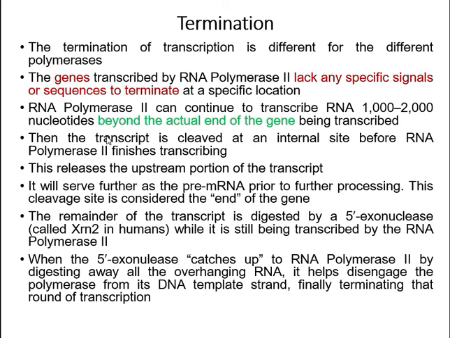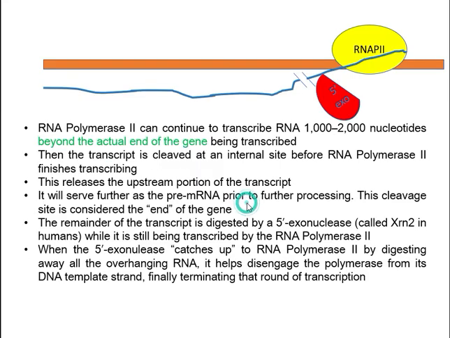Now what? How will the process end? Just see. This is only a schema, a representation. Suppose this is the DNA. This is the newly produced mRNA. This is RNA polymerase II.